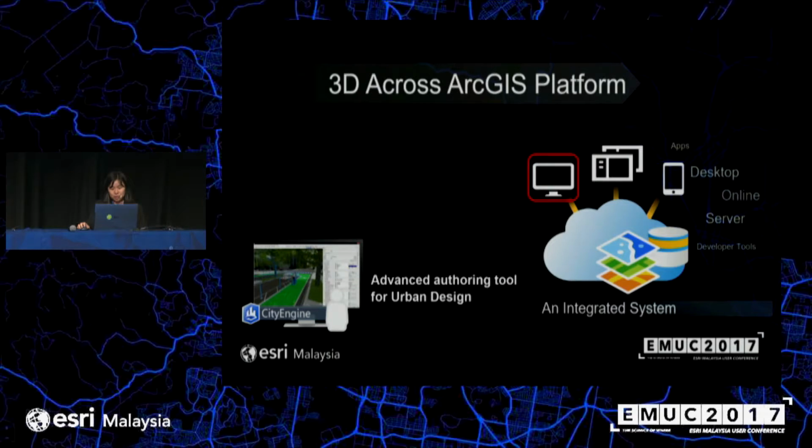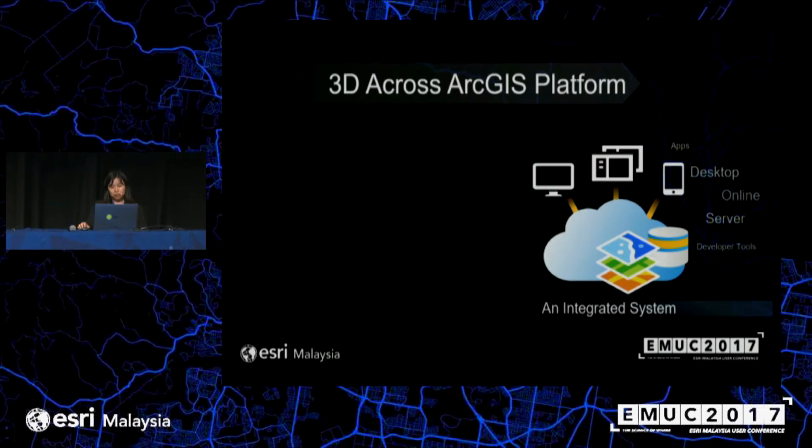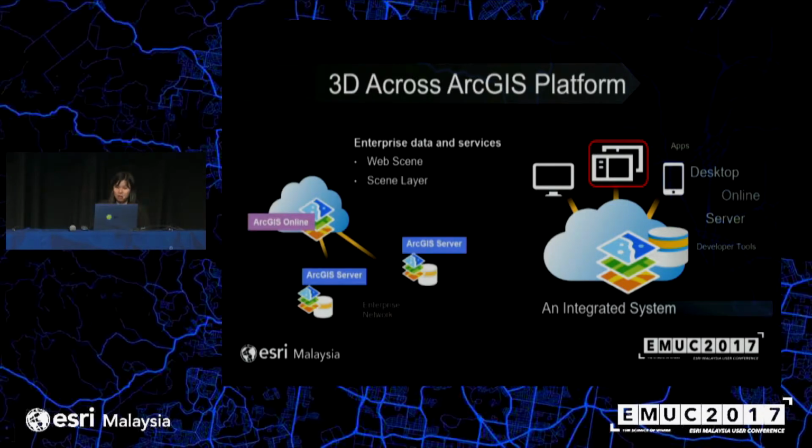Next, we see what the web offers us. On the web, you can share your 3D data as a web scene or as a scene layer, so that your users can view what you have designed for them.